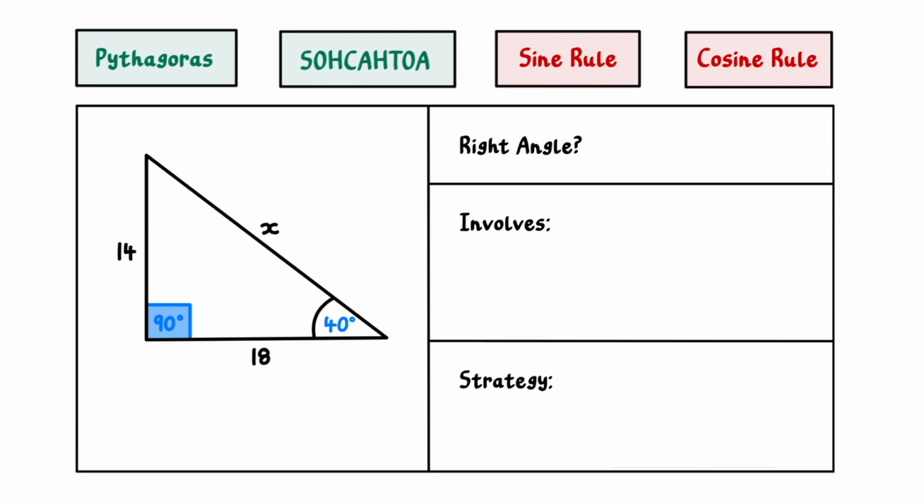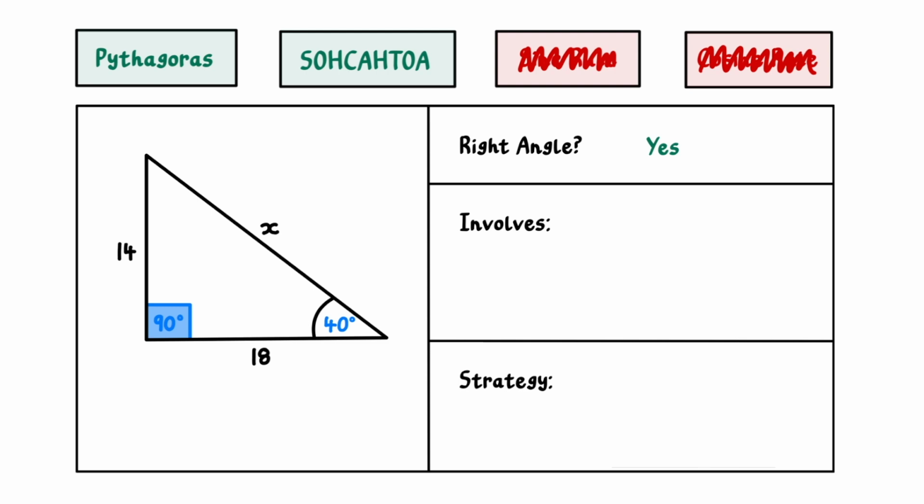In our final example, we have sides of 14, 18 and x. We have angles of 90 degrees and 40 degrees. Our triangle does contain a right angle, and this restricts us to either Pythagoras' theorem or the SOHCAHTOA method.